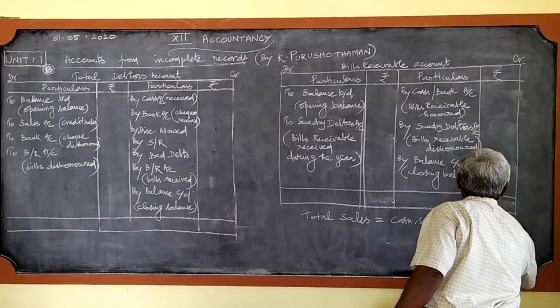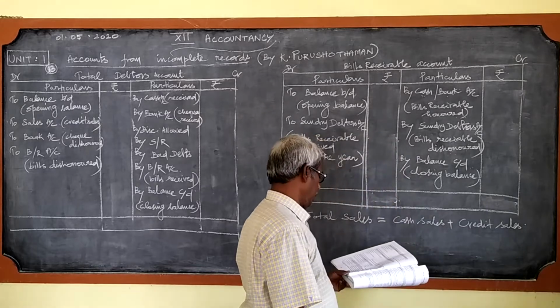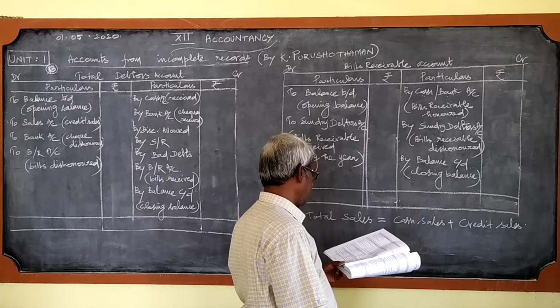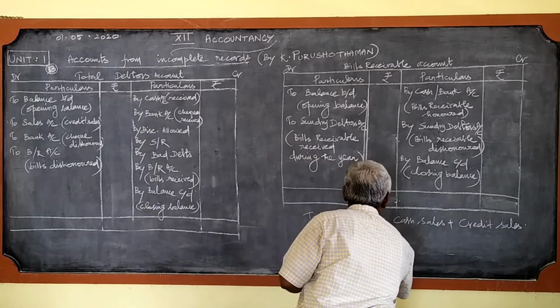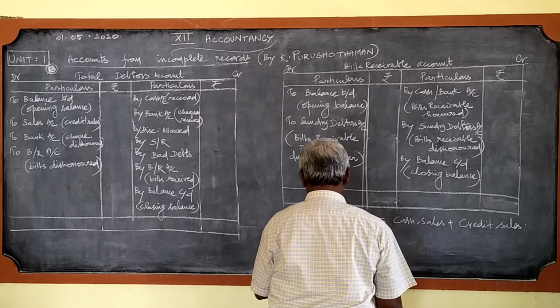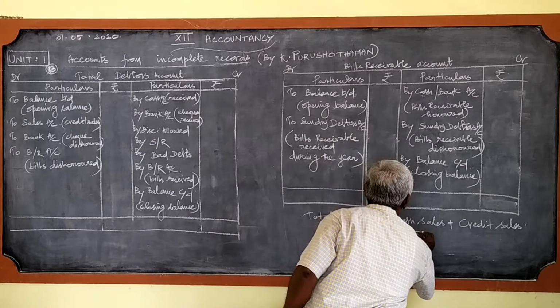Listen carefully how I am approaching. Total sales is equal to cash sales plus credit sales. Cash sales is given in the problem as 3,15,000.